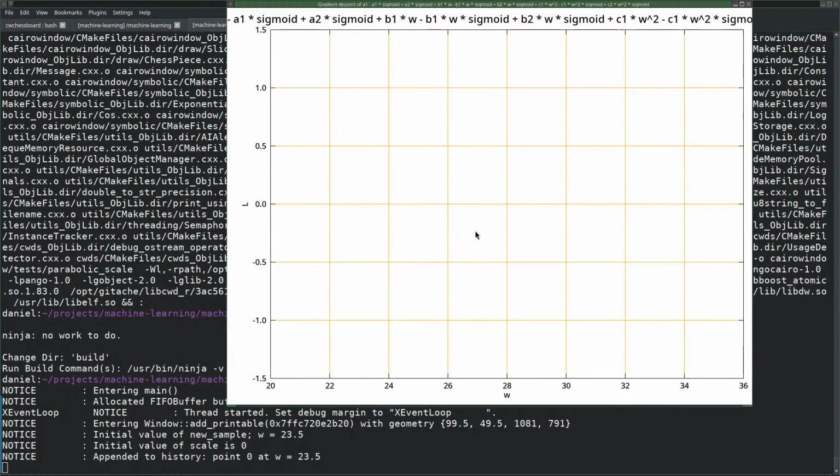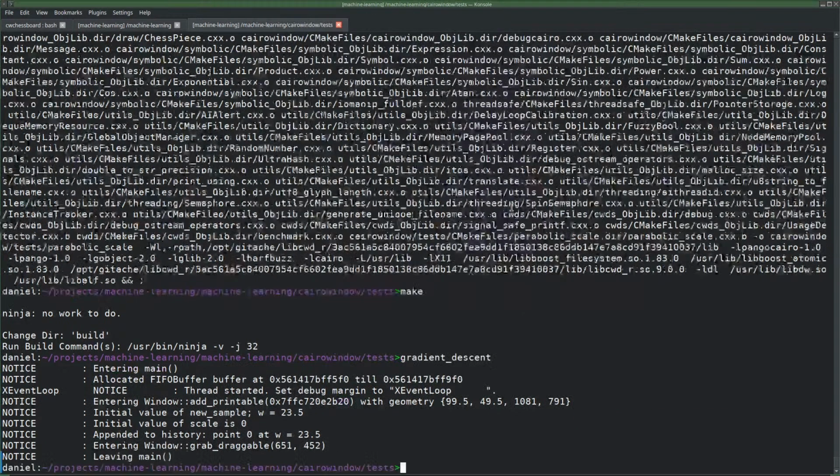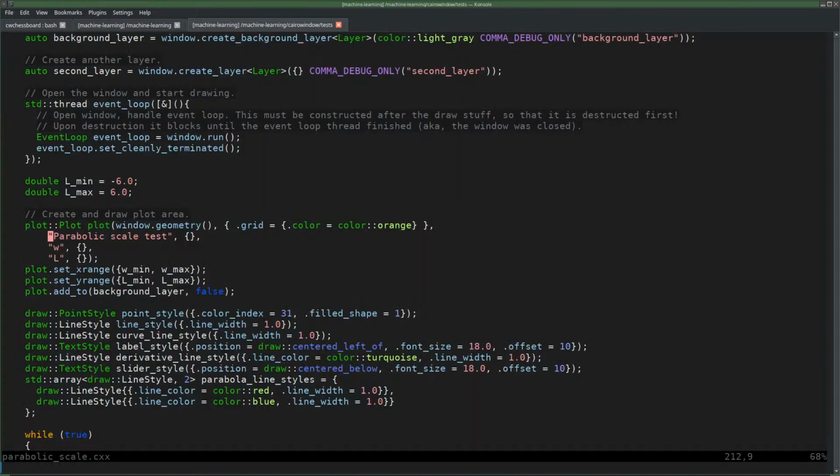Oops. Oh, okay, yeah, my W values are now bullshit. Question is how we do it.